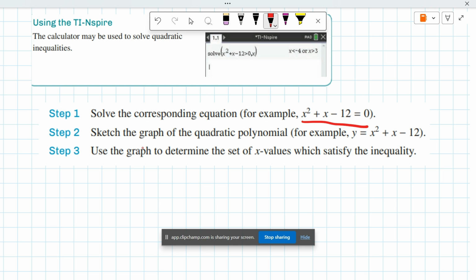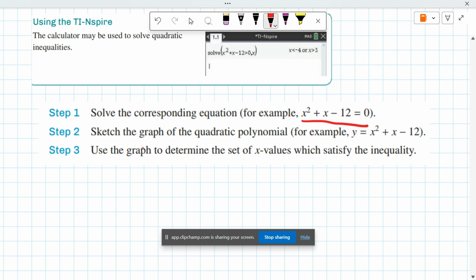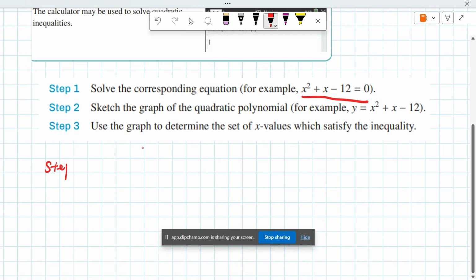So I'm going to solve step one, which is x squared plus x minus 12 equal to 0. We use the cross method: two numbers that add together to equal 1, but also multiply each other to equal minus 12.